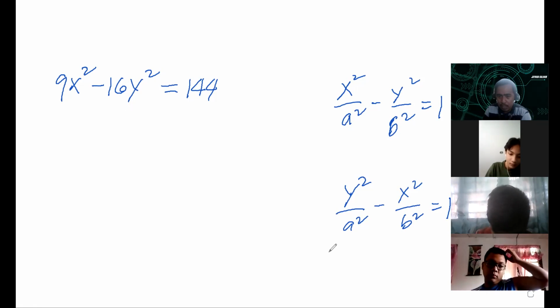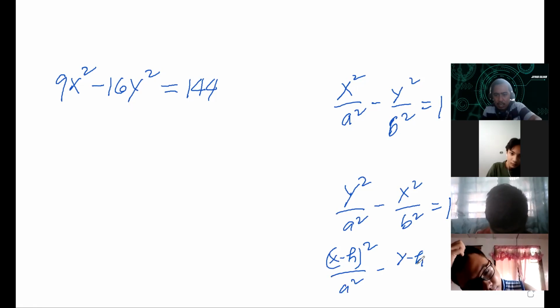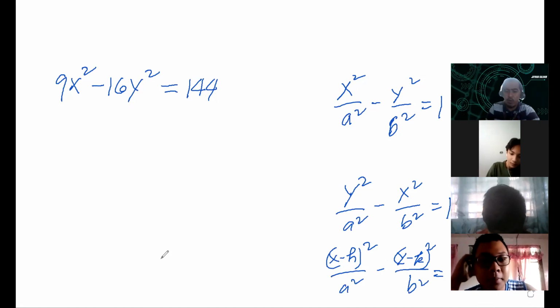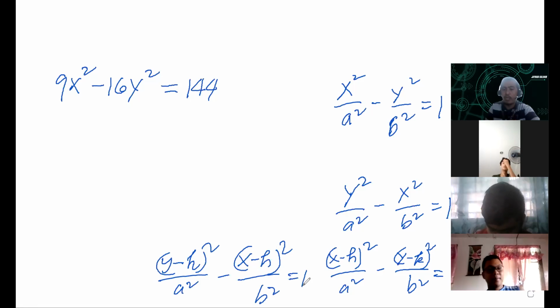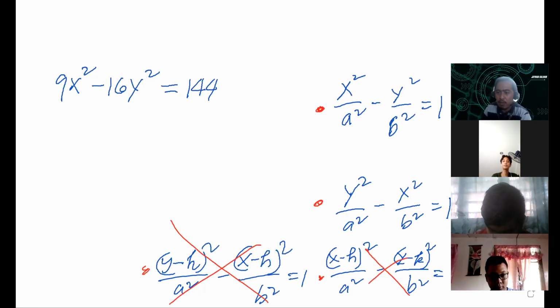The other forms are x minus h quantity squared over a squared minus y minus k quantity squared over b squared equal to 1, and y minus k quantity squared over a squared minus x minus h squared over b squared equal to 1. So there are 4 that we could select, but I think these 2 will not be used anymore, right? So you have 2 options. It's either this one or this one.